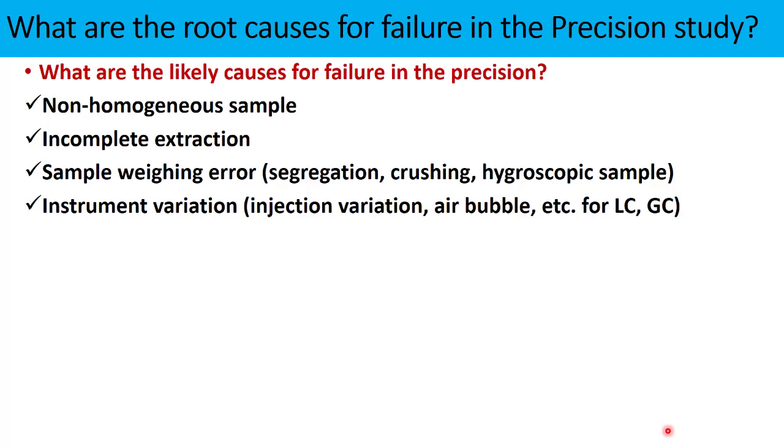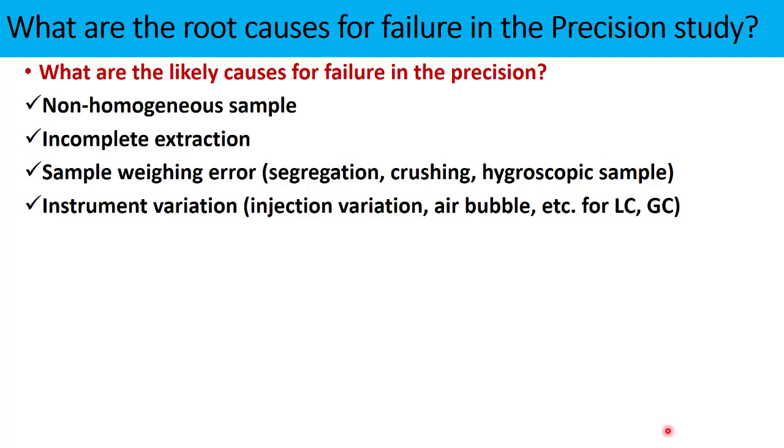Then the next root cause for imprecise result could be the instrument variation itself. For example, you are using a chromatographic system like HPLC or gas chromatography, and if there is injection to injection variation happening, though you are supposed to inject, let us say, 20 microliter of solution, your system itself is giving some error.